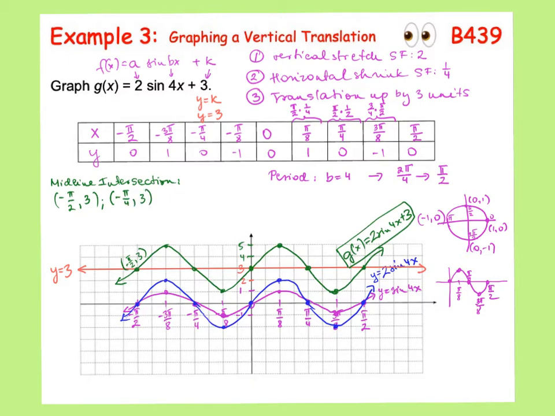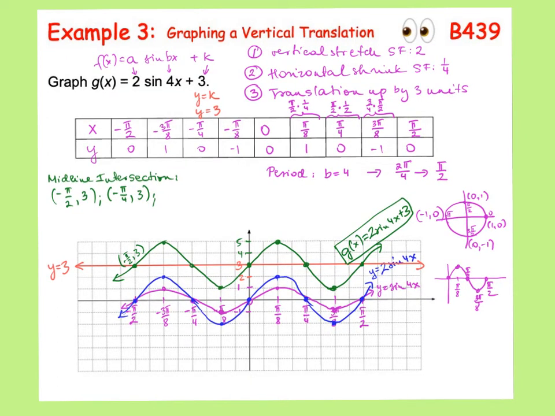Then the following one is going to be 0, 3. Then the next one is going to be pi over 4, 3. And then the last one here is going to be pi over 2, 3.